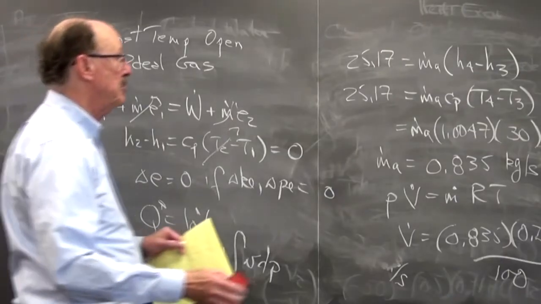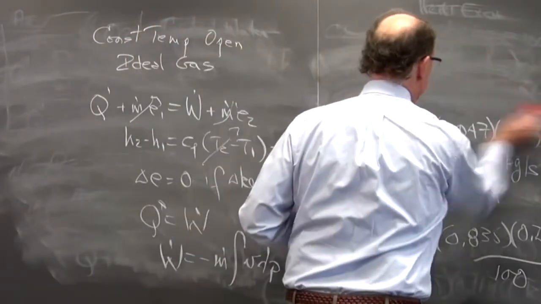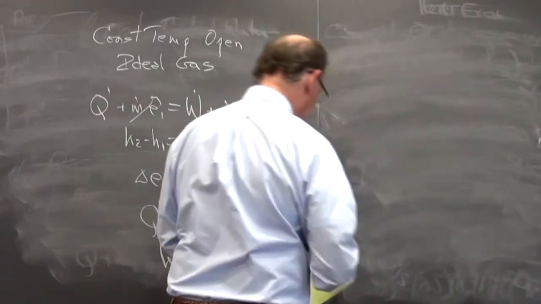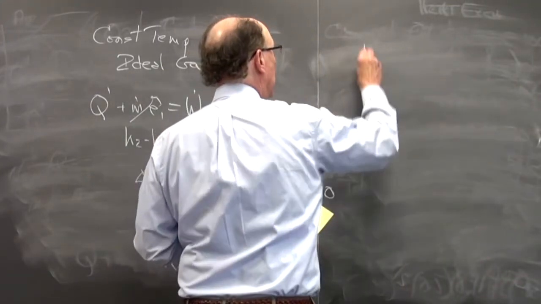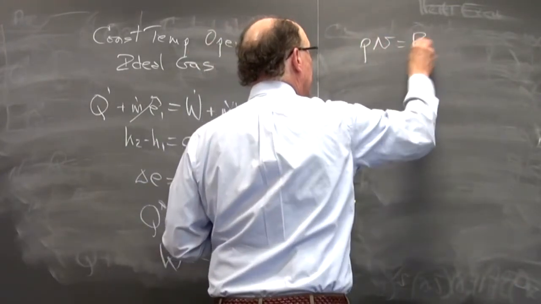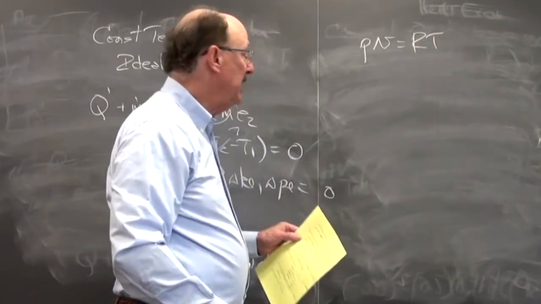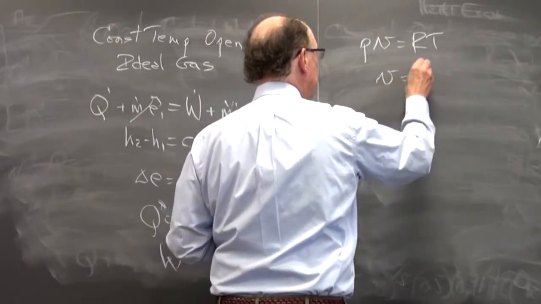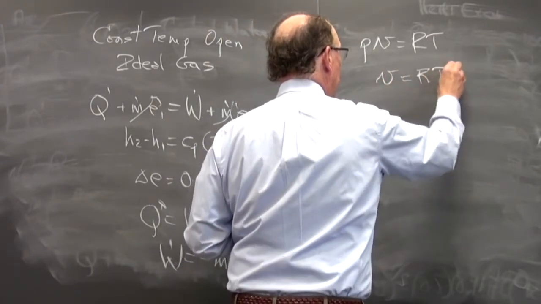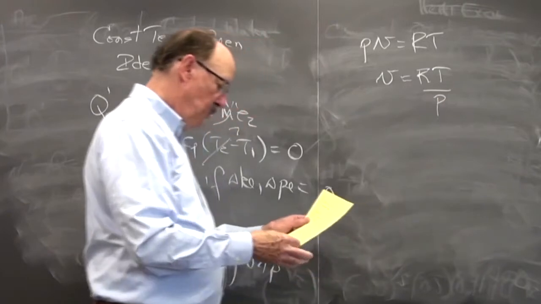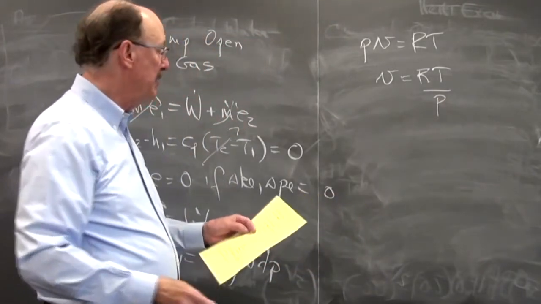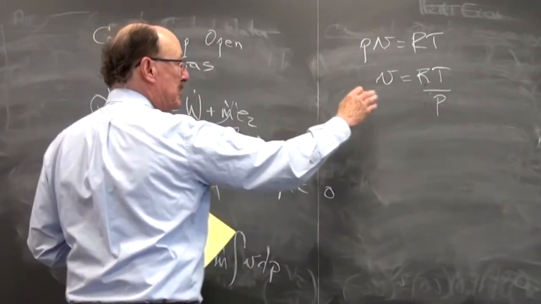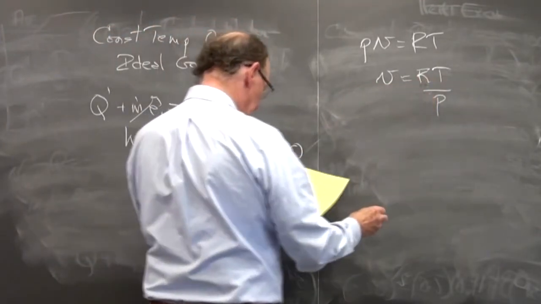For constant temperature, we can look at the ideal gas law, PV equals RT, or V is equal to RT over P. I can substitute this value in here. The temperature is constant, so R is constant, T is constant.